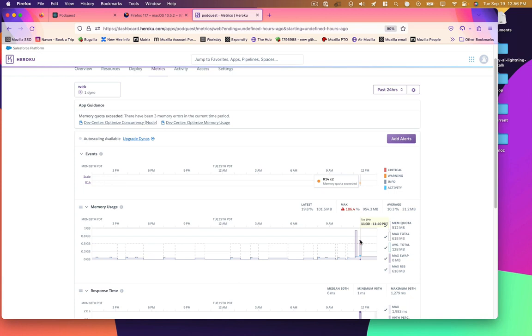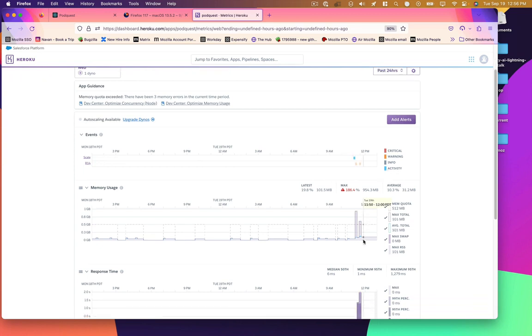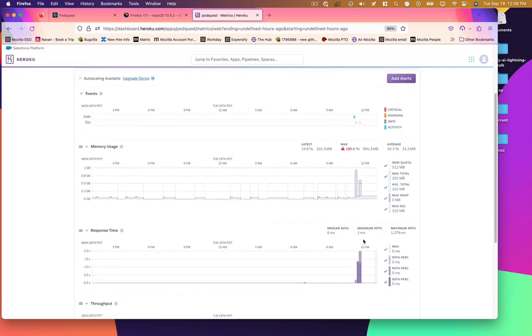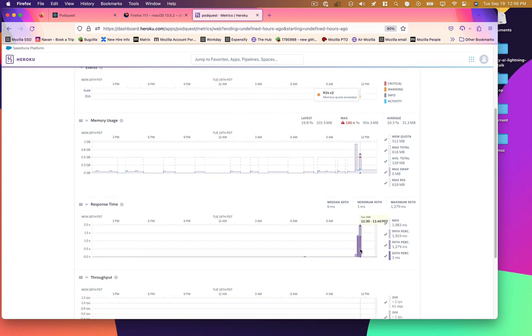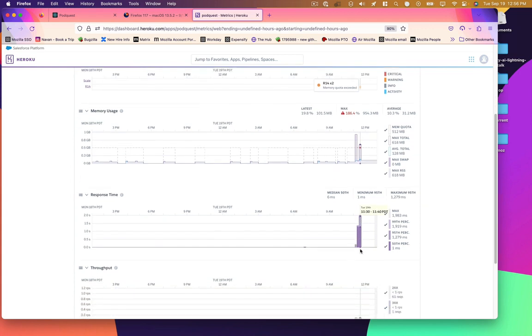I was using FFmpeg to split apart those MP3 files, and I think that's what that is. So that's at 186.4%. So obviously there was some energy consumed there if we're using memory, but we don't necessarily have that output in terms of milliwatt hours or kilowatt hours the way that the Firefox profiler does.